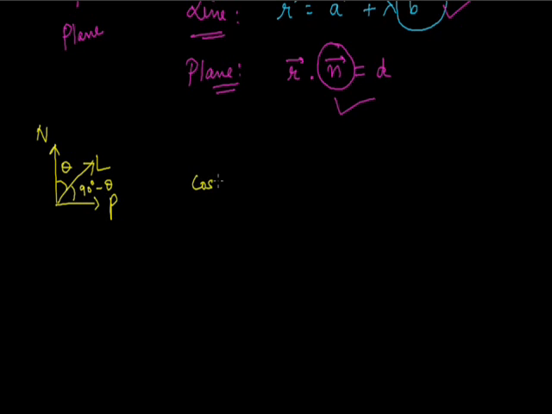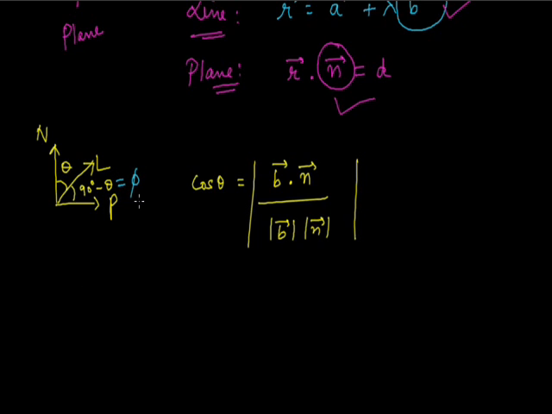So cos theta is going to be b vector dot n vector upon mod of b vector into mod of n vector. But what I need is 90 degrees minus theta. Let's say 90 degrees minus theta equals phi. I need to find the angle phi.